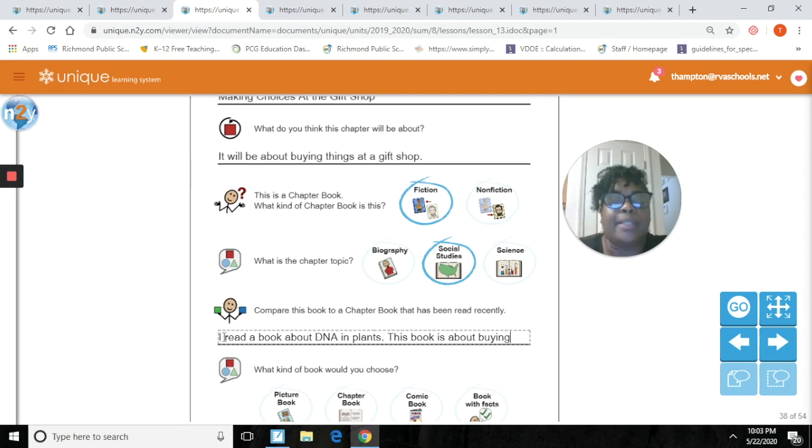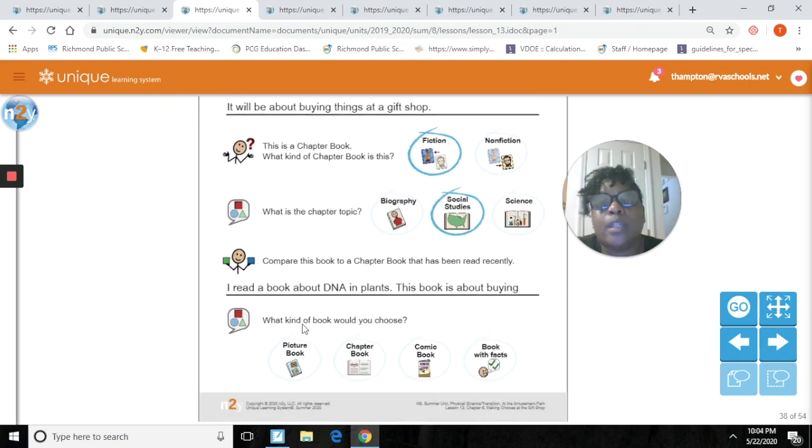Okay. But this book is about buying things in a gift shop. Well, that's the difference. One book is about buying things, but the other book was about DNA and plants. Two different topics. So that's what you're doing when you're comparing. Okay? All right. So now let's move on.